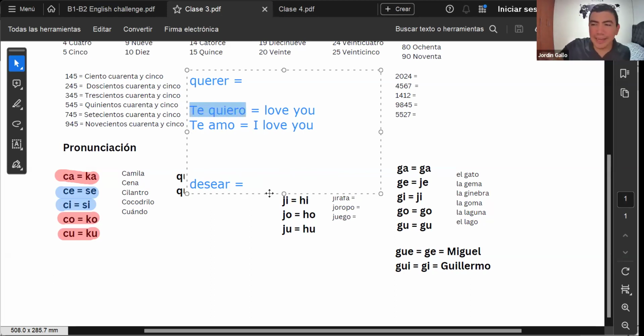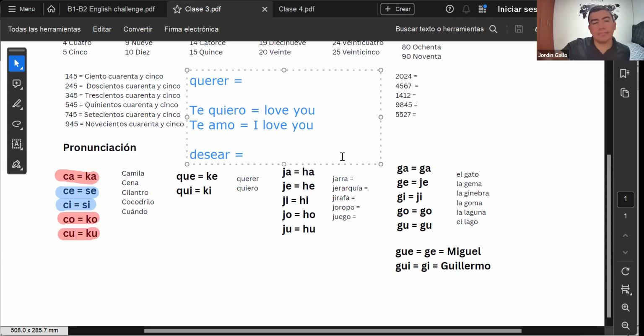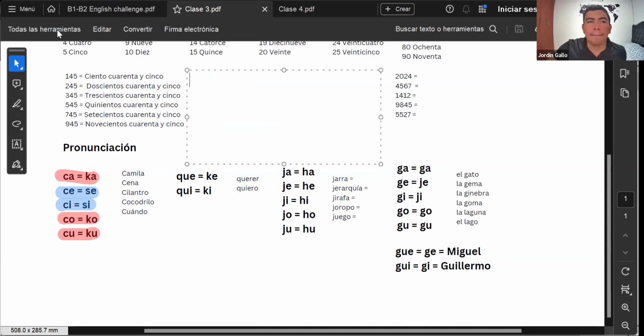Because it means, "I want this for a moment." So they say, "Yeah, me quieres for what?" Why do you want me in that moment? But if you say "te amo," that's the best way to express it, if it's the feeling.